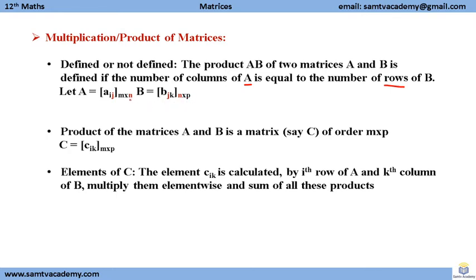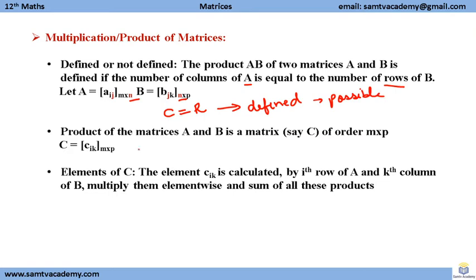So the columns of A should be equal to the rows of B. Only then is the product defined, meaning only then is matrix multiplication possible.